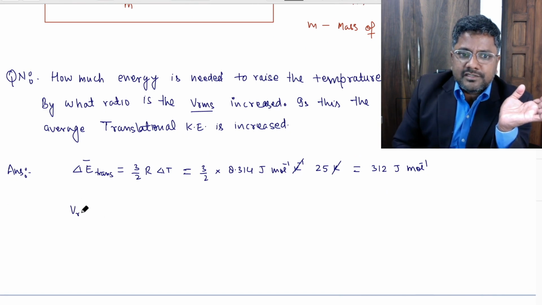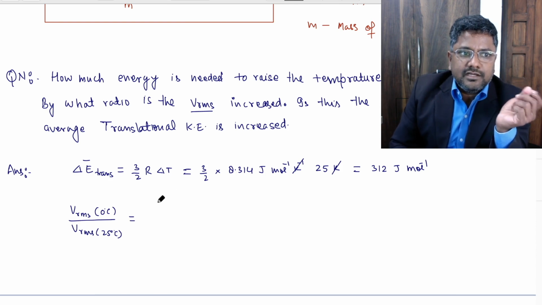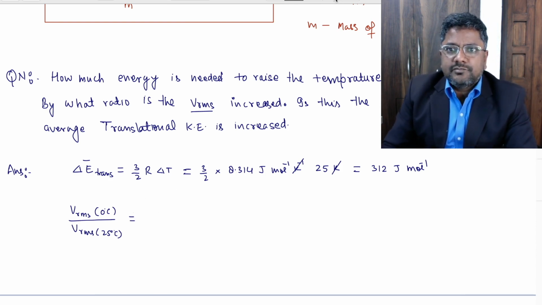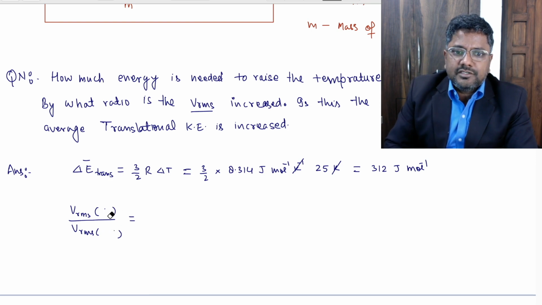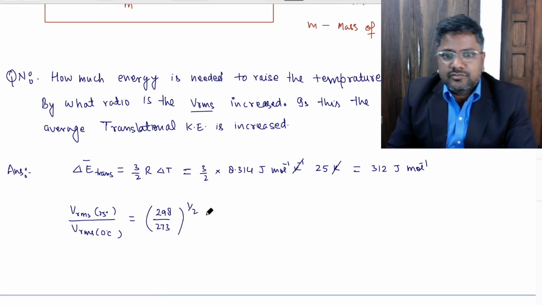VRMS at 25 degrees Celsius by VRMS at 0 degrees Celsius is equal to 298 by 273, right, Kelvin to the power 1 by 2, because other things are constant and the gas is the same. So this will equal 1.04.